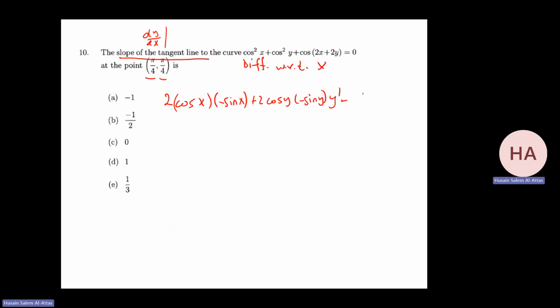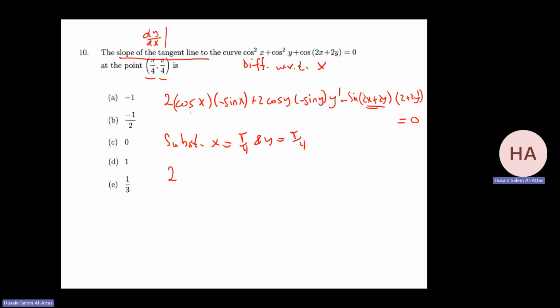Give it more space. Sine of 2x plus 2y, derivative of this, which is 2 plus 2y prime. That should equal 0. Now substitute x equals pi over 4 and y equals pi over 4. Let us see what will happen.